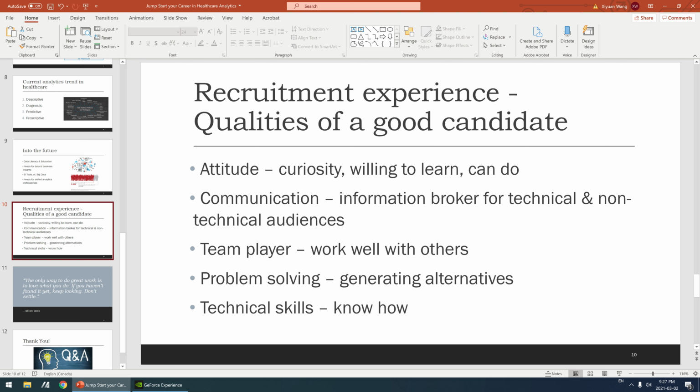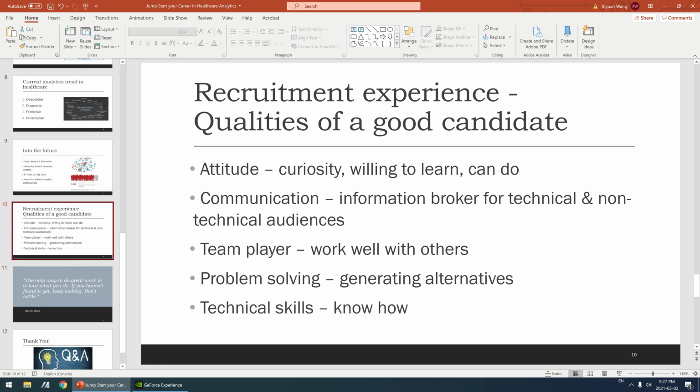But for the technical personnel, the programmers or IT professionals or data professionals, you have to understand the business requirement and then translate that into technical language for those people, and then make the solutions that will fit as the original ask from the clinical side.